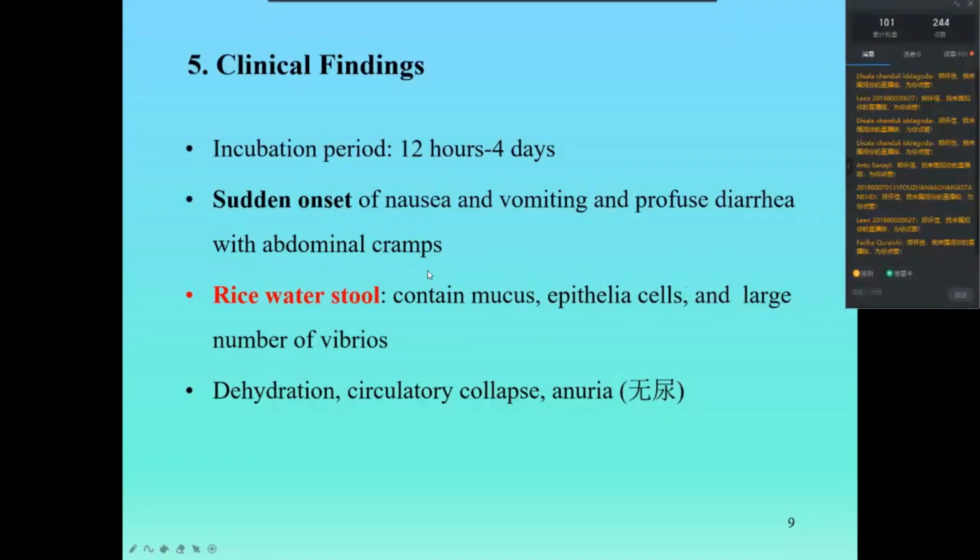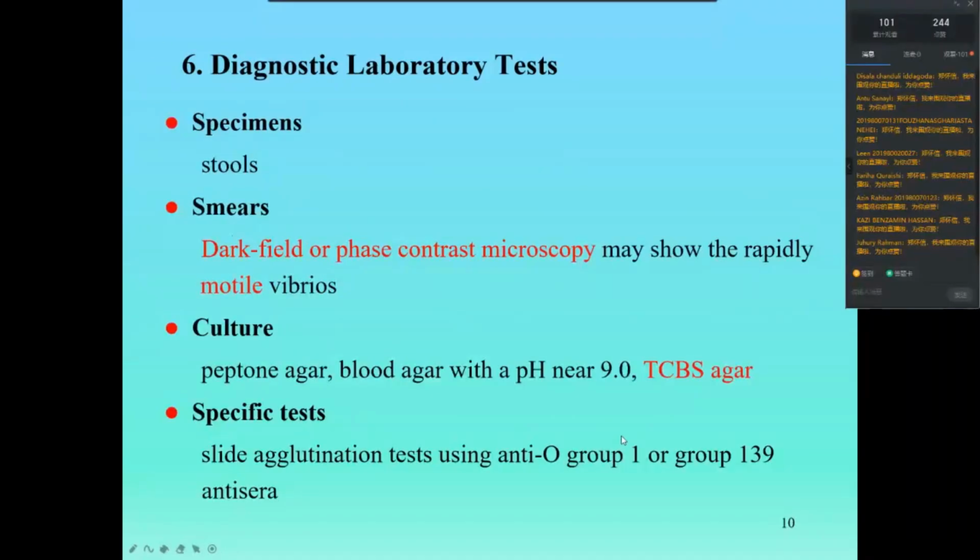So it will cause damage in the lumen. That is why it's so painful. It can also cause dehydration of the whole body and circulatory collapse. And the patient doesn't have any urine because the patient loses so much water through diarrhea. These are the clinical findings.